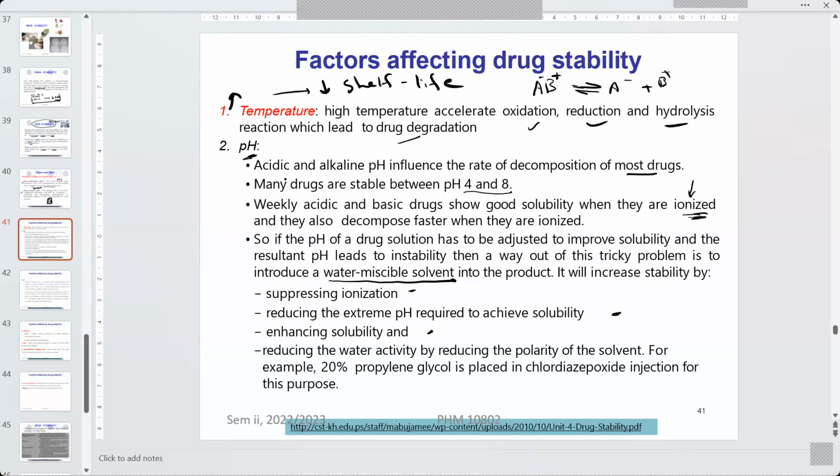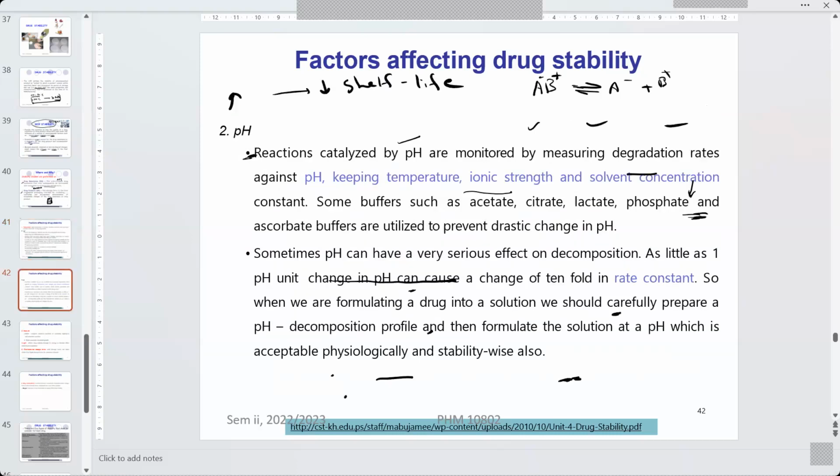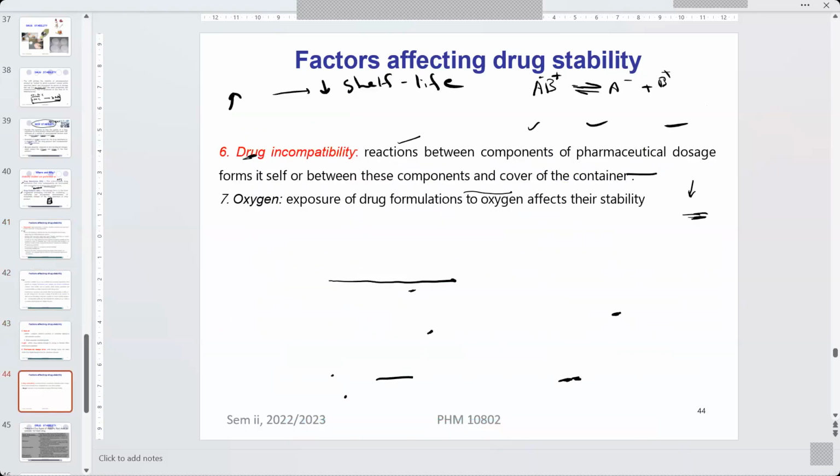For example, if the solvent contains 20% propylene glycol, the rest is water, and you use it for dissolving chlordiazepoxide to make an injection, then you can solubilize chlordiazepoxide and you stabilize it also. It will not degrade quickly as if you change the pH to solubilize it.